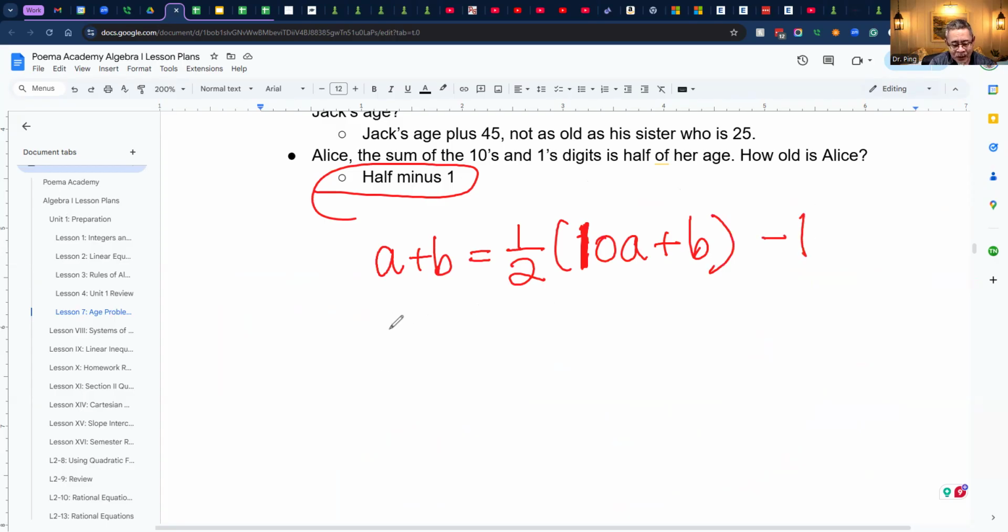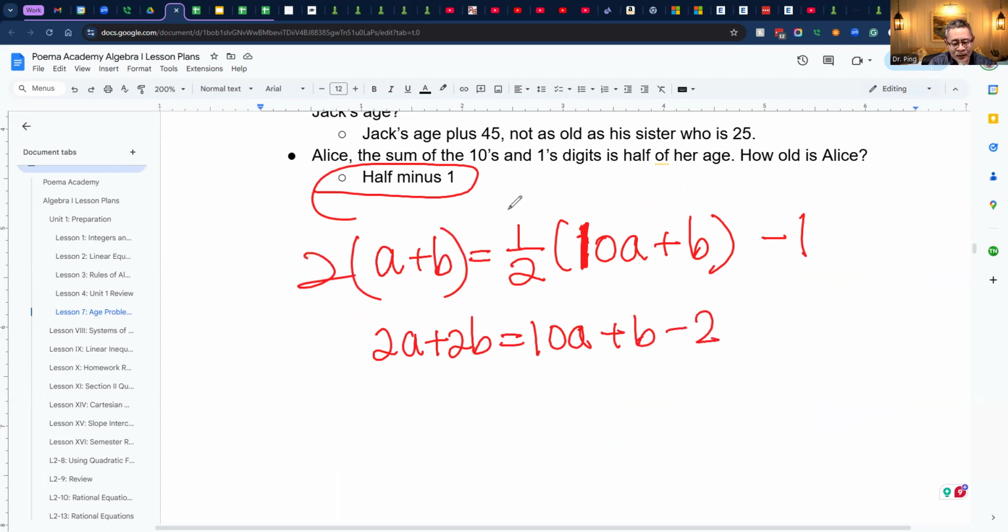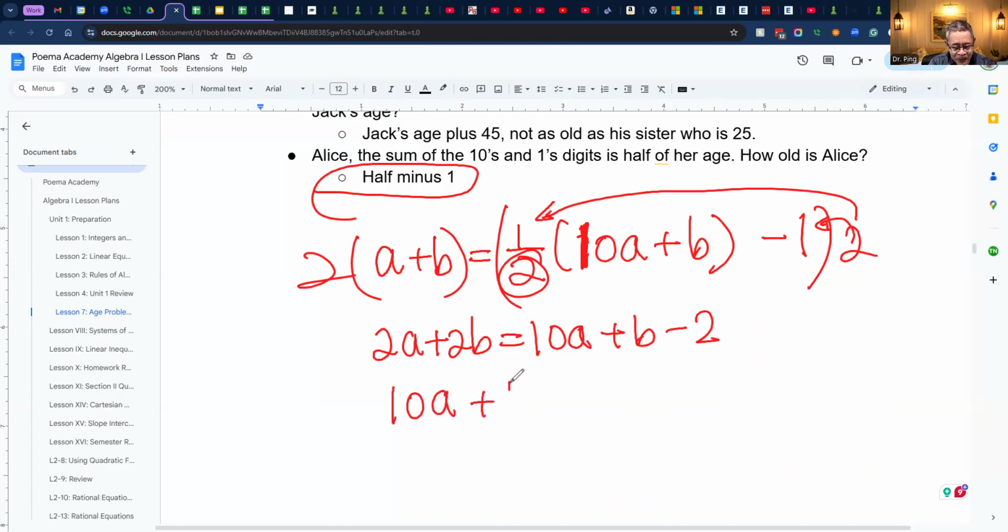So times 2 on both sides, we get 2A plus 2B equals 10A plus B minus 2, because we times 2 on both sides. The 2 and the 2 cancel, and 2 times 1 is negative 2. So we can rewrite that: 10A plus B minus 2 equals 2A plus 2B. Minus 2A on both sides.